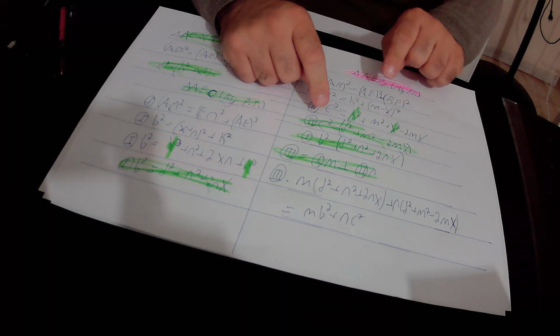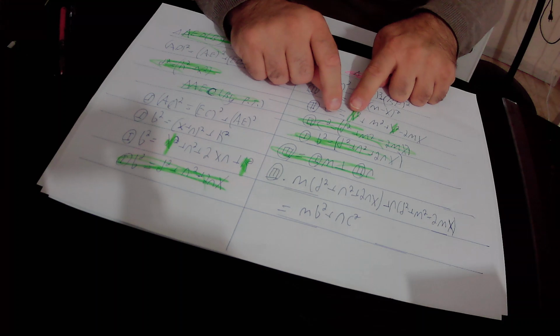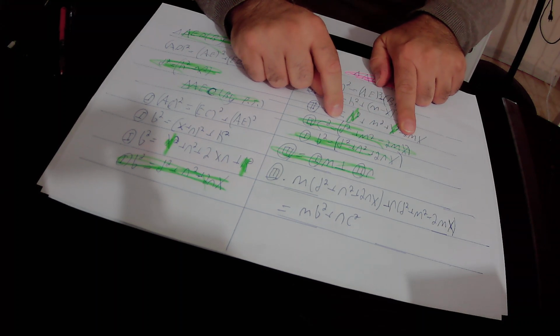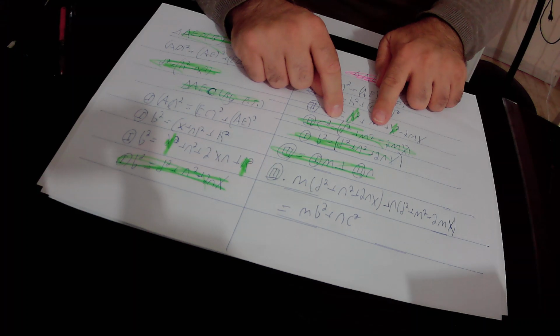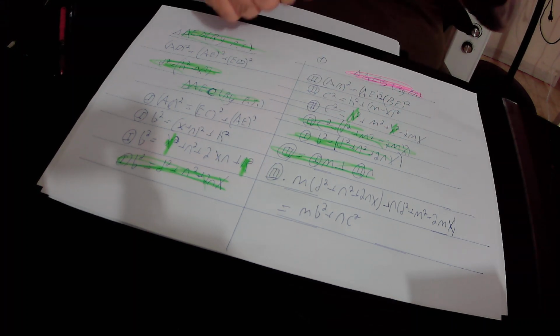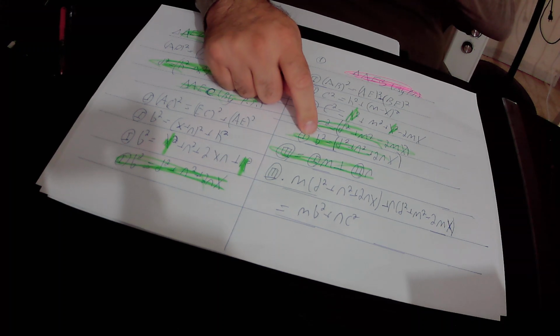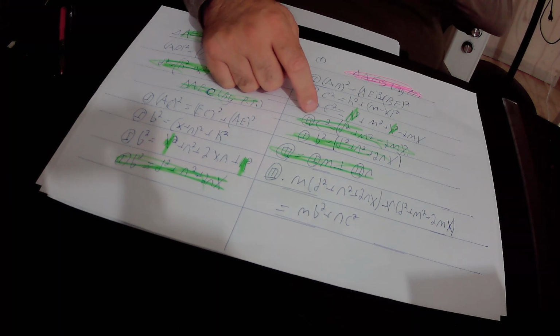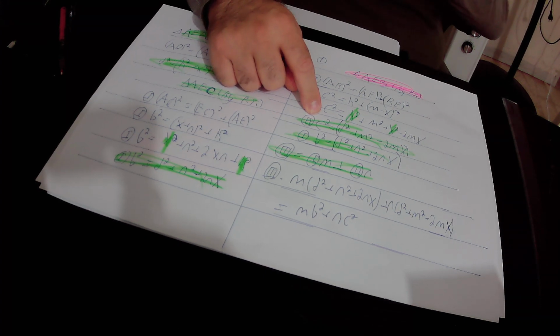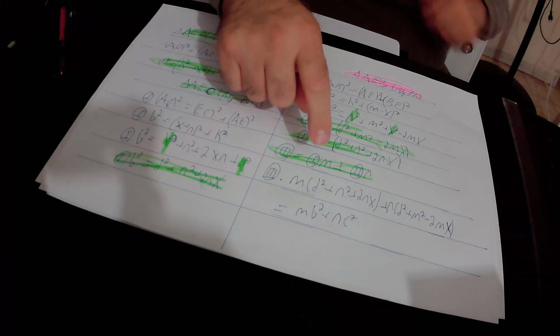In the next step we multiply the right side of equation number 2 by N, so it is N times the brackets containing D squared plus M squared minus 2 times MX, and it must be equal to the multiplication of the left side of equation number 1 by M, so it is MB squared, plus the multiplication of the left side of equation number 2 by N, so it is NC squared.